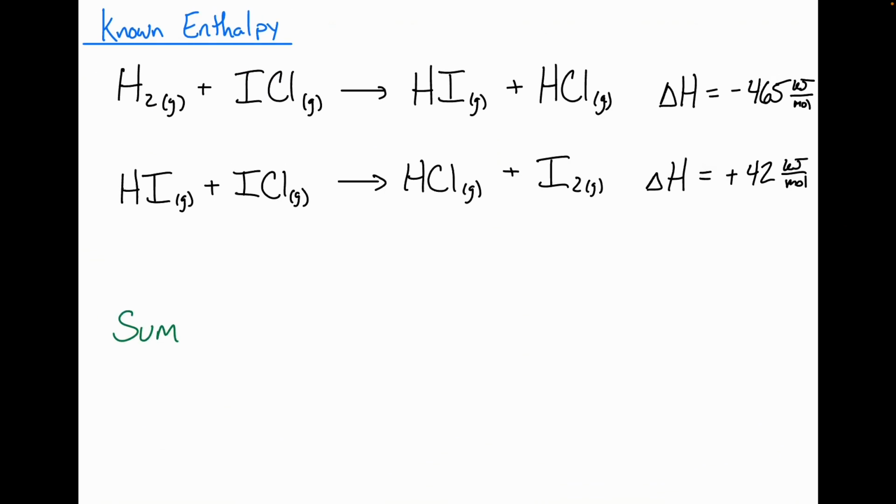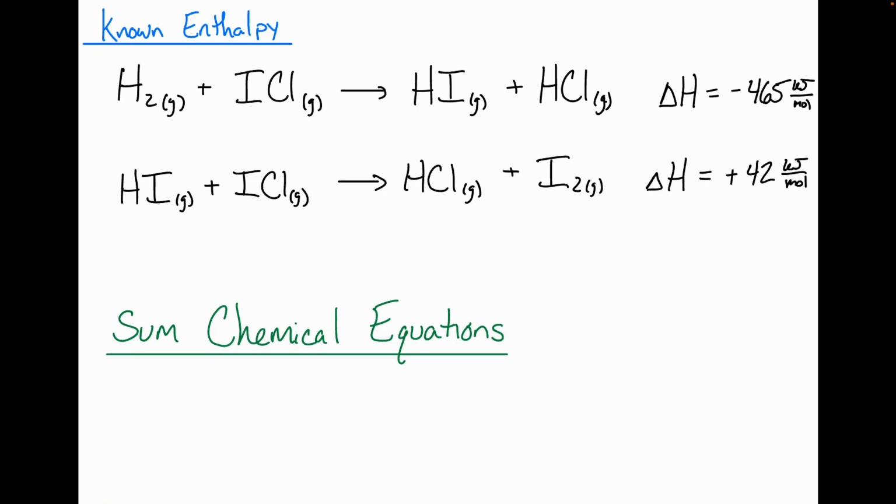So this is how we sum two chemical equations. When we're summing up chemical equations, we're going to create one new chemical equation here. So I'm going to take these two reactions and just number them 1 and 2.